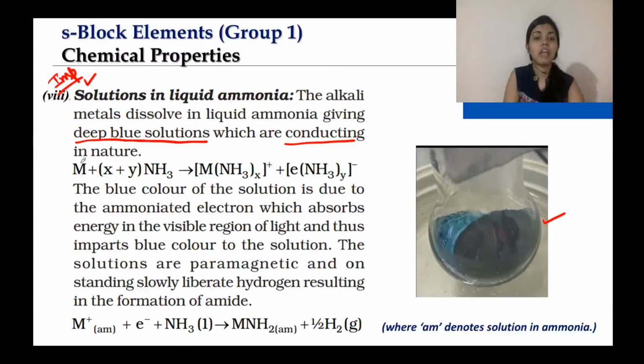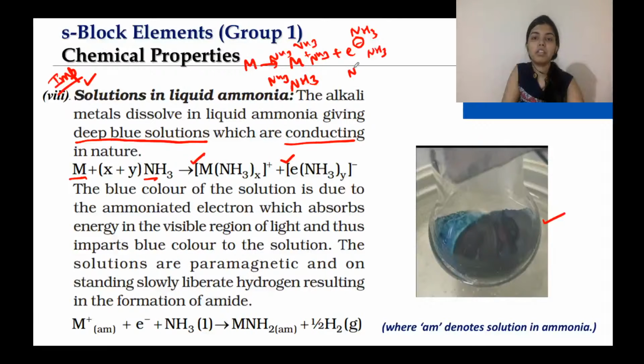What happens here is that the metal combines with ammonia to form a cationic complex, M(NH3)x positive, and the electron which is released: M gives M plus and an electron. The M plus will be surrounded by ammonia, which is the solvent, and the electron will also be surrounded by ammonia. So this is the cationic part and this is the anionic part, and because there are ions in the solution, it will conduct electricity, right?